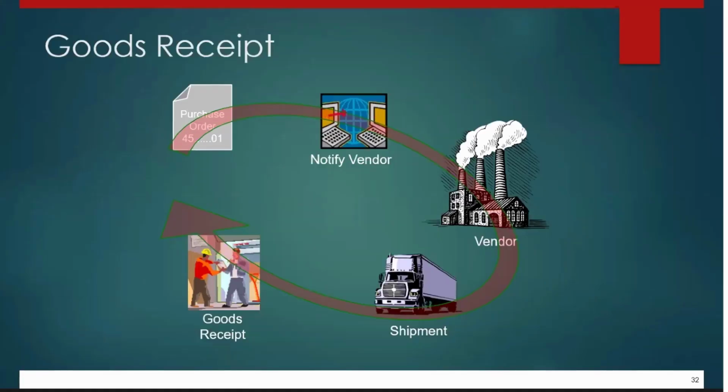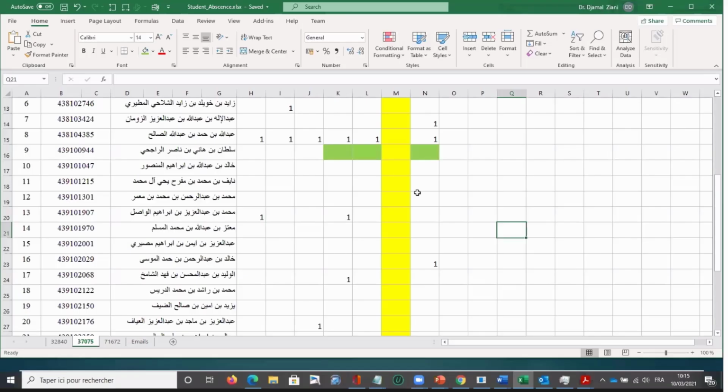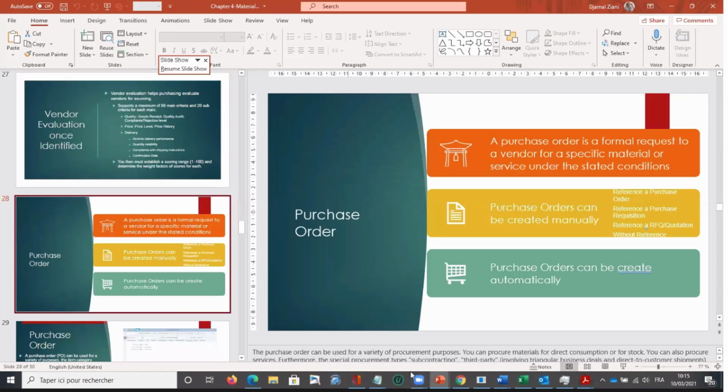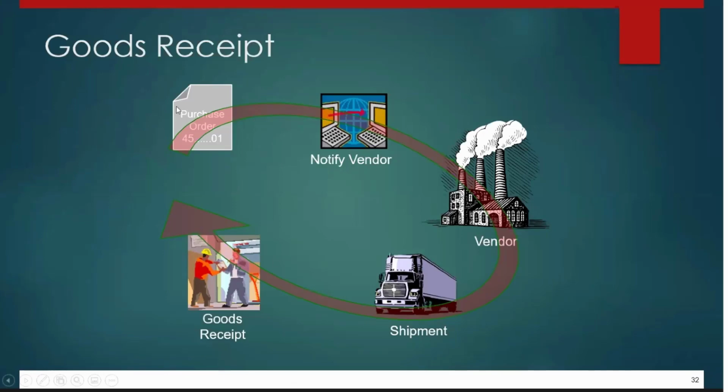So now the next step in the purchase process is the goods receipt. استلام البضاعة. We are in the purchase order, and after that we send a notification to the vendor.